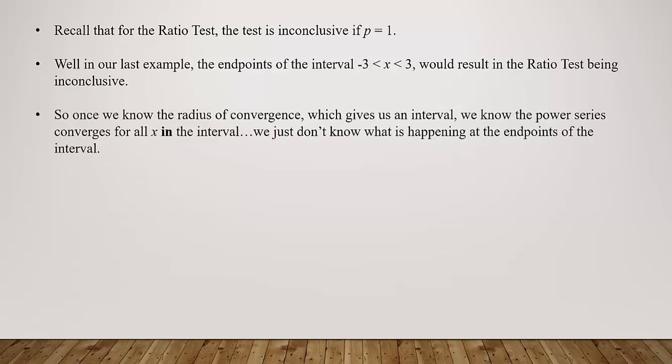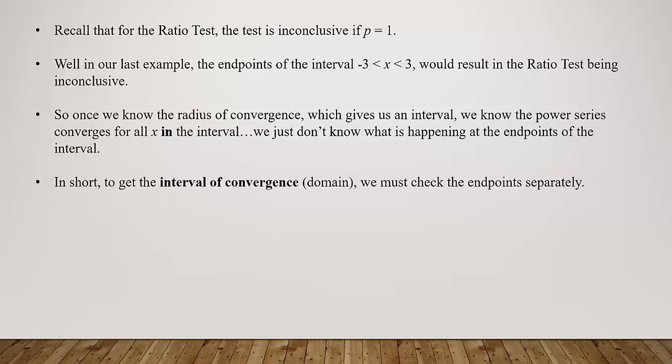So here's the deal. Once we know the radius of convergence, that gives us an interval. It gives us an interval where we know the power series converges for all x in the interval. We just don't know what is happening at the endpoints. So we have to check the endpoints separately.